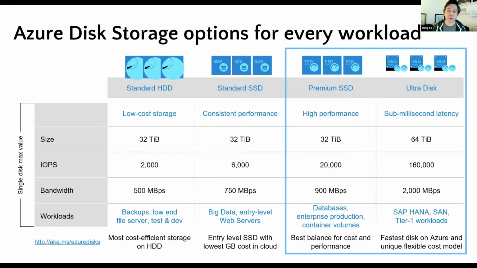Looking at the screen from right to left, UltraDisk is our highest performing disk on Azure with low latency and extremely high throughput and IOPS. And the next up is Premium SSD, which provides SSD-based storage well balanced with performance and cost.